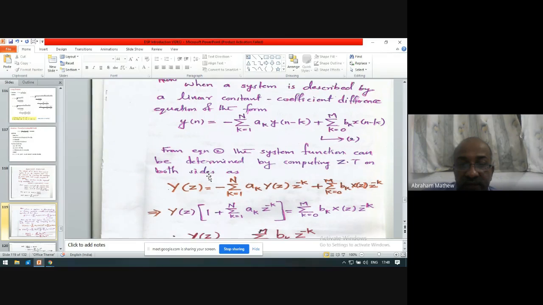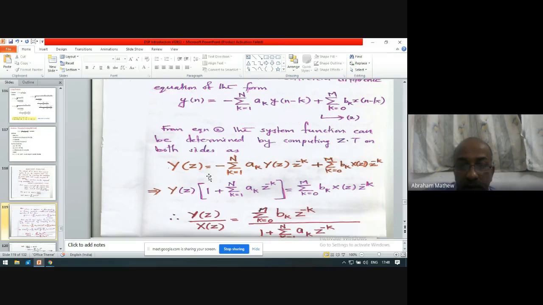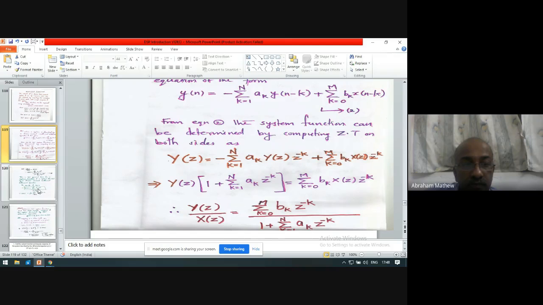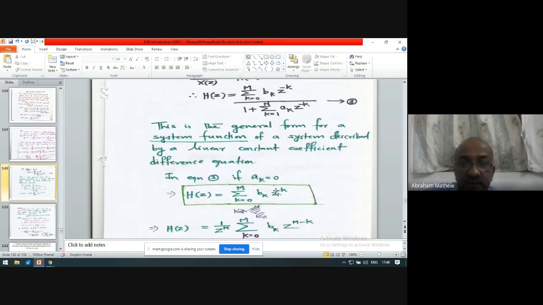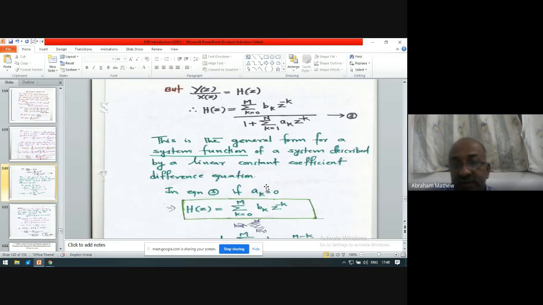We have just explained the computation of Z transform. So applying this Z transform on this equation, we get Y of z. From this, we can compute the system function, that is nothing but Y of z by X of z, just mathematical manipulation. This is the general form of a system function, which is described by a linear constant coefficient difference equation.